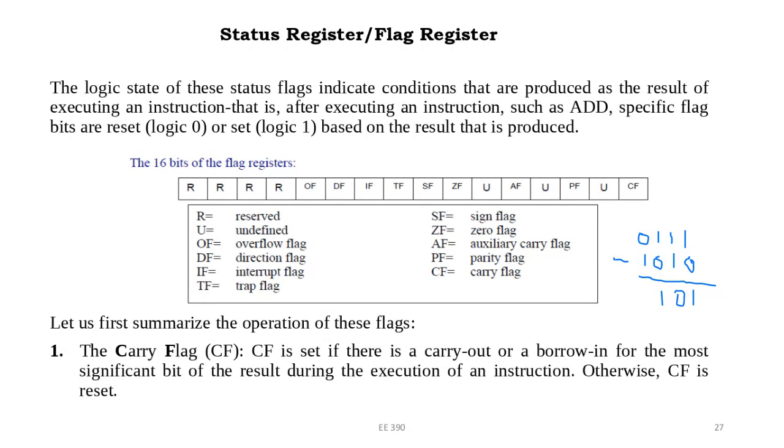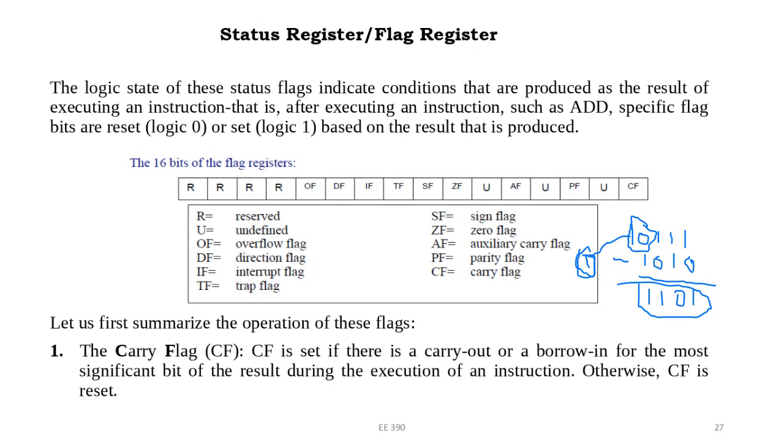And then 0 minus 1 is not possible, so we take a borrow here and put it here. So it becomes 1 0, which means 2. 2 minus 1 is now 1. So the result is 1 1 0 1, and a borrow in happened. So carry out or borrow in the MSB bit.